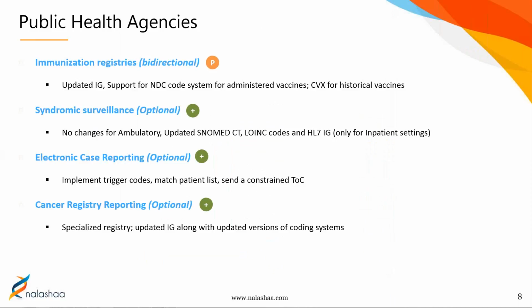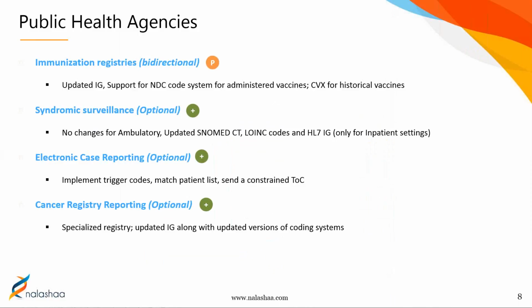For public health agencies, as you see, we have four measures. The first one is immunization registries, which is performance-based, and the rest three are for your bonus scores, adding more brownie points to your clinicians. For the immunization registries, the new changes are the updated implementation guide, that is version 1.5, and the support for NDC coding systems.